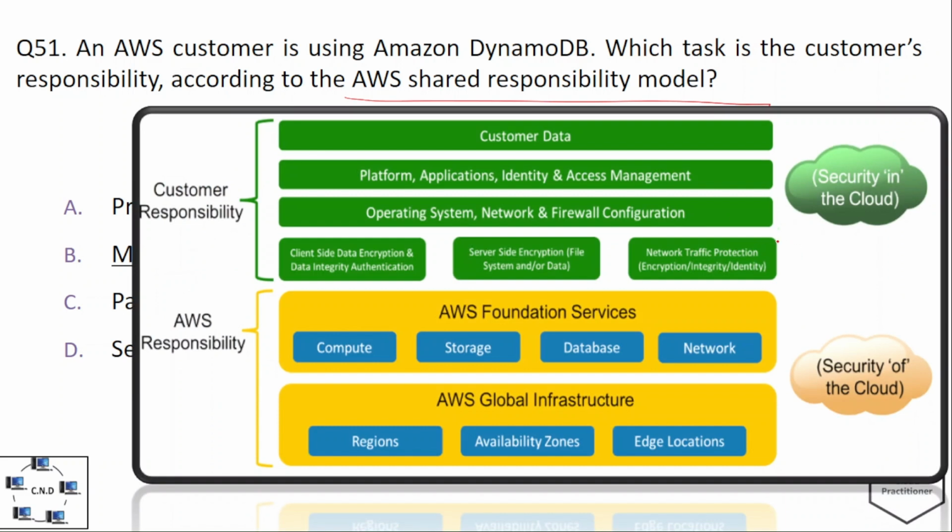So again, this is the shared responsibility model. Security of the cloud is AWS responsibility, while security in the cloud falls under the customer responsibility.